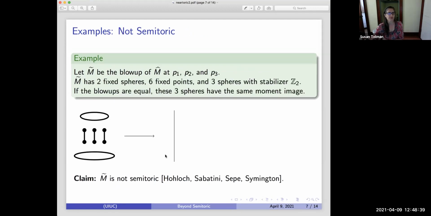So that goes to our next example, where we see it can't be semitoric, because if you look at this level set, there are 3 fixed points, and they have weights +1 or +2 and -1. So that's not plus and minus 1. So we're not allowed to have an arbitrary number of them. We can have at most 2, but in this example, we have 3. So therefore, that's not semitoric.